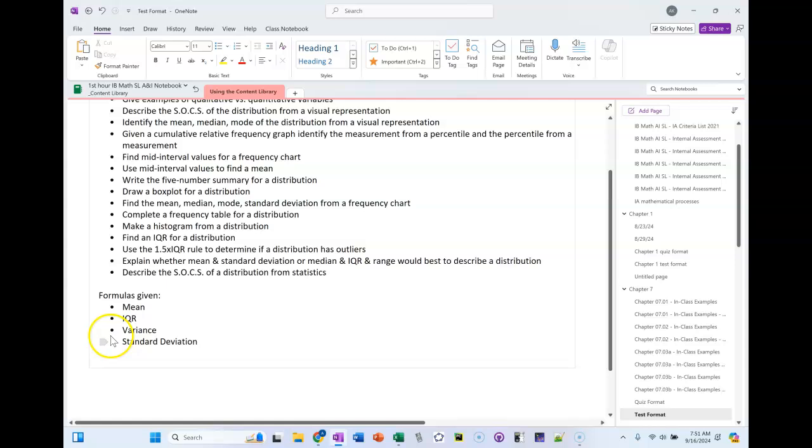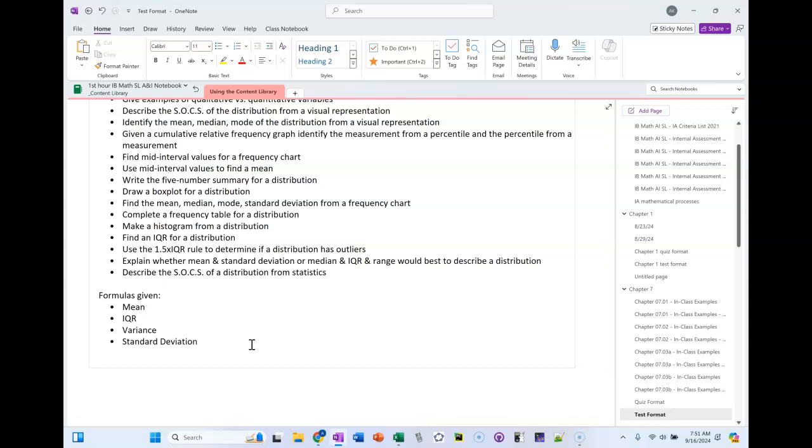The formulas are given: mean, IQR, variance, standard deviation. You don't have to memorize any of those formulas. If you're using your calculator, that's fine, but you should be able to at least show a little bit of the setup before it goes into the calculator. The formula would be helpful there in making sure you have some setup to show.